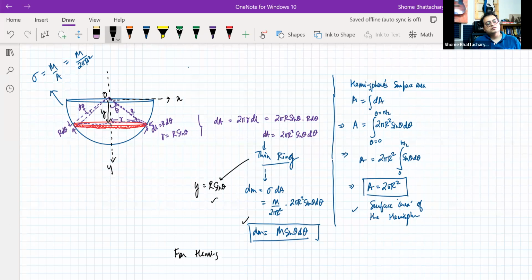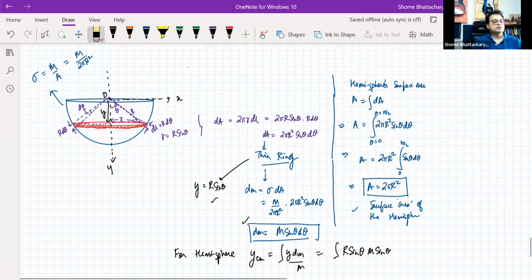For the hemispherical shell, the y coordinate of the center of mass will become integration y dm divided by total mass. So just replace y with r sine theta, dm with m into sine theta. Oh, one mistake, it's r cos theta.